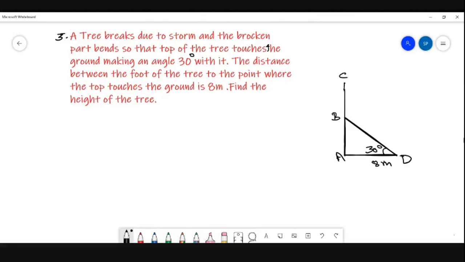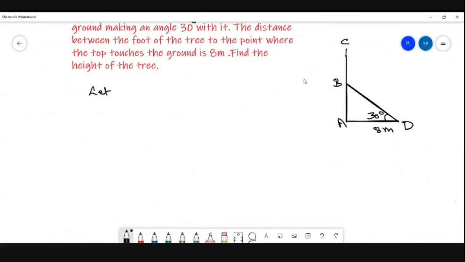You can give the figure explanation. Let AC be the tree. When the storm comes, the tree breaks from point B. The broken part BC coincides with BD.